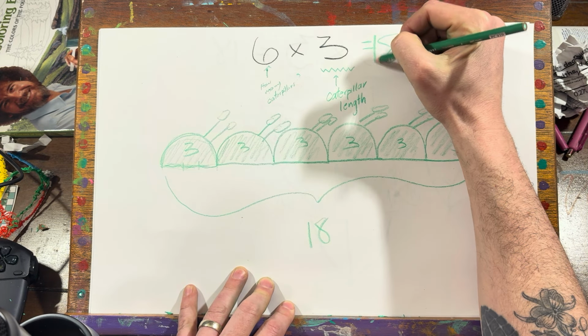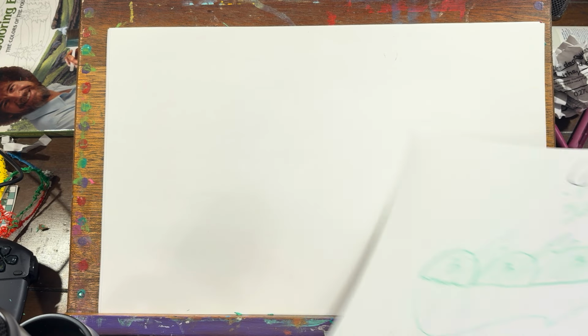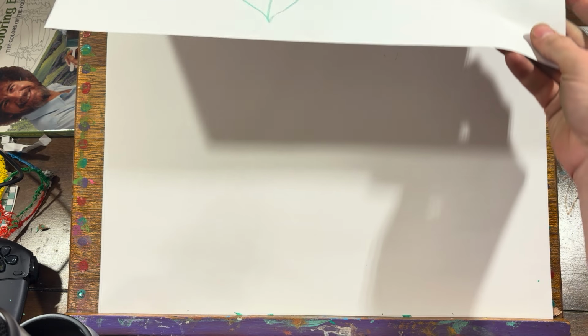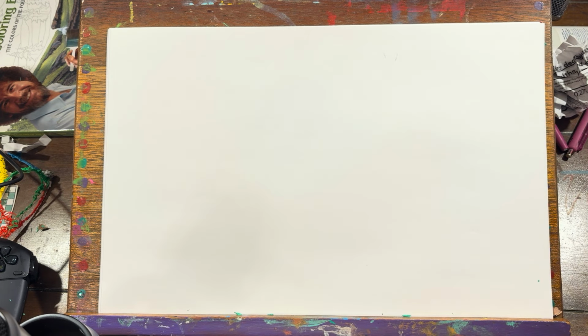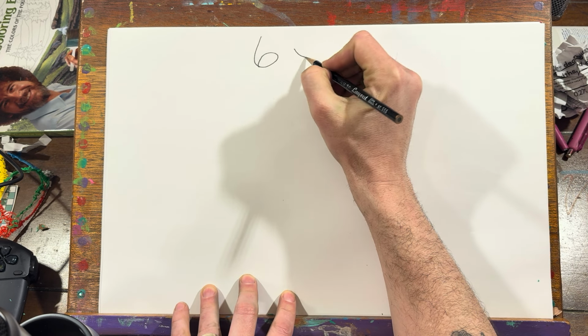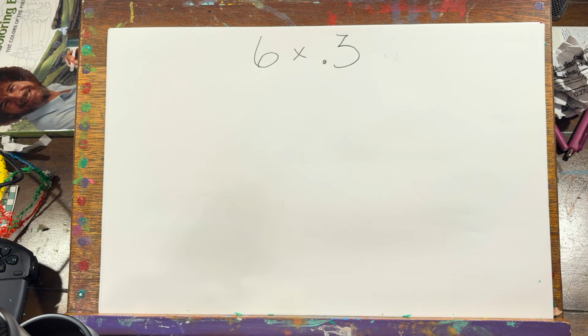No. There we go. Okay. I wonder how we could use that same reasoning to multiply something like this. Now, instead of multiplying 6 times 3, I am multiplying 6 times 3/10.